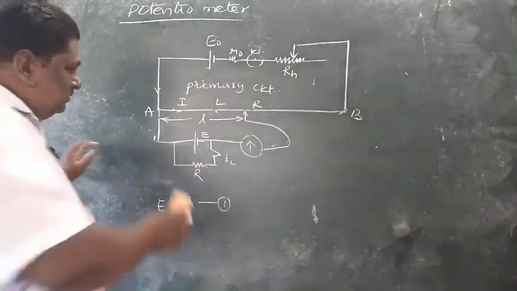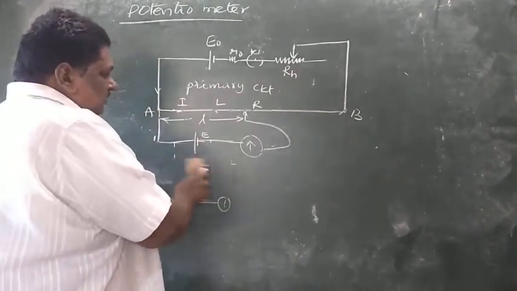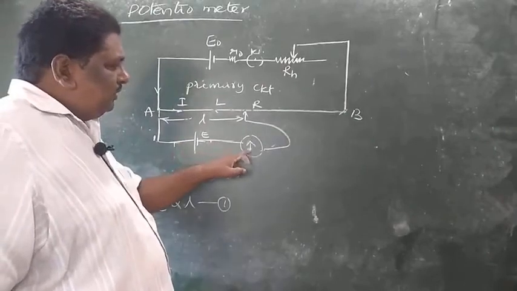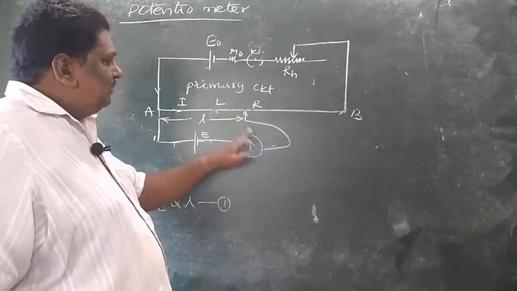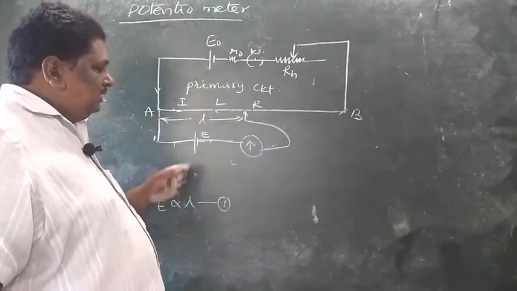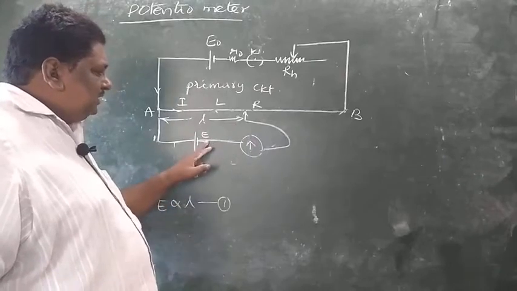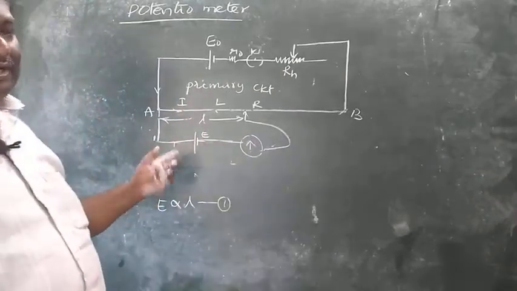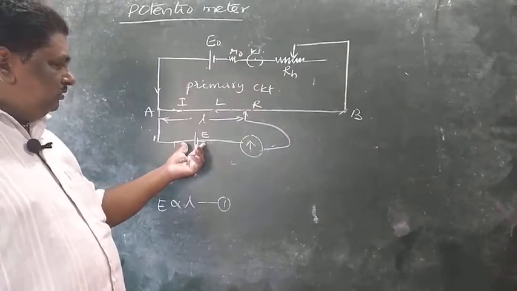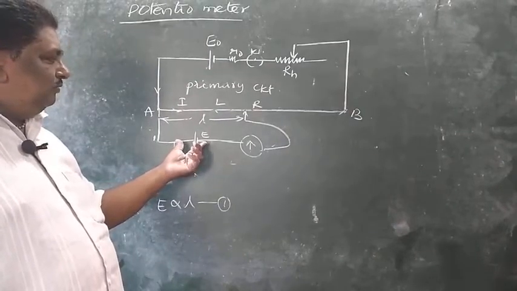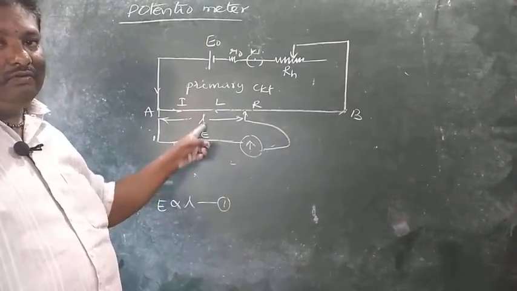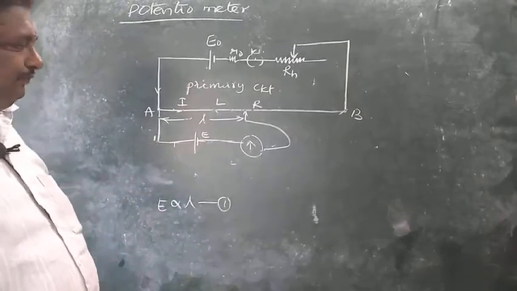In the previous case, the galvanometer shows 0 reading, and at that time the balance length L is measured. No current is passing, so it is an open circuit voltage. Without drawing current, we are measuring its voltage. That voltage is called EMF.